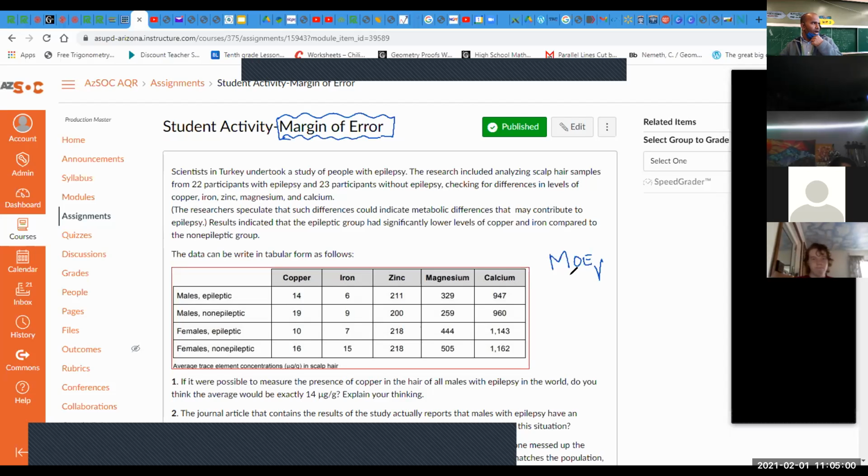How confident you are on this survey? Okay, so the margin of error at this confidence level gamma is equal to Z gamma times the square root of sigma squared over n.